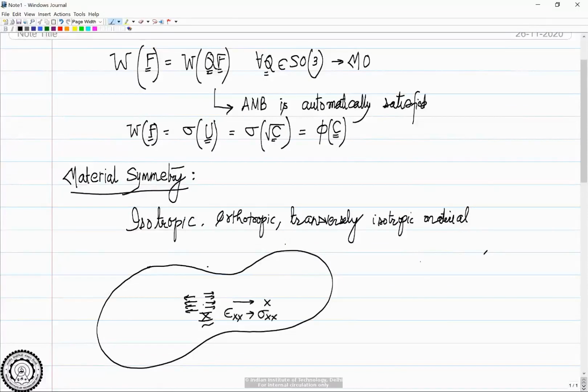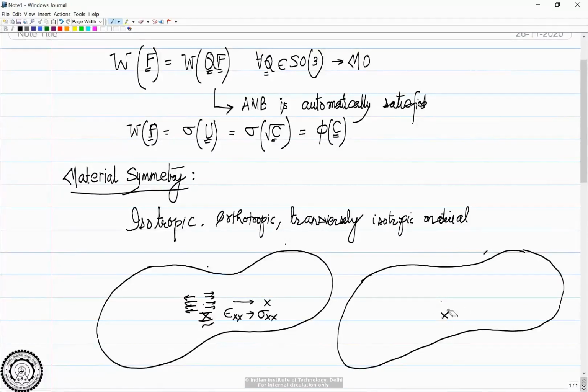Likewise, you can again think of the same body, and at the same point, big X, but now say you are applying stretching in the y direction. So you are applying epsilon yy, and this is going to generate sigma yy, isn't it?